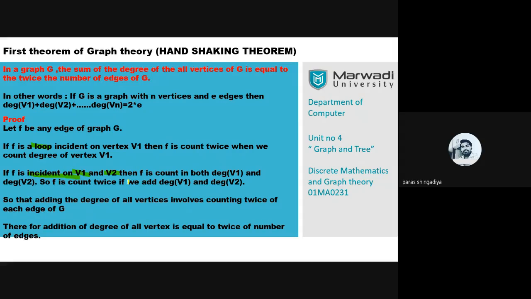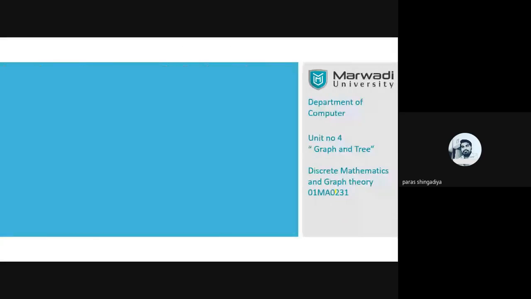So the particular edge will be counted in both the degree of v1 and the degree of v2. So it is already counted 2 times, and therefore each edge is involved 2 times in the degree. It means each edge is counted twice in the degrees, and therefore the sum of degrees of all vertices equals twice the number of edges.